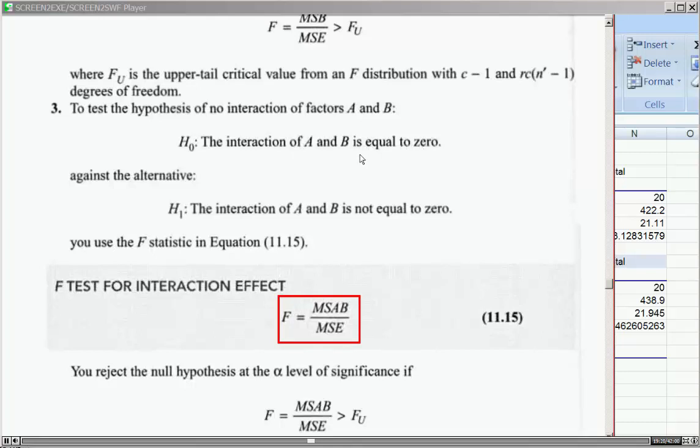So, when we're testing means in a two-way analysis of variance, we're testing the null for interaction effects. We're testing this third test. The interaction of A and B is equal to 0.